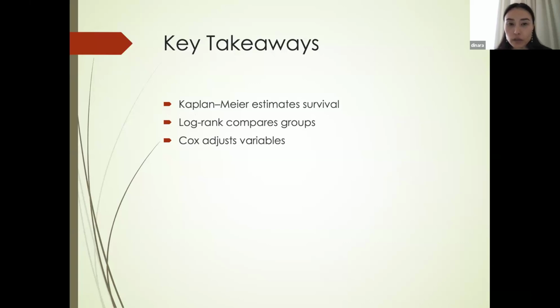It estimates survival. The log-rank test helps to test the hypothesis that there is no significant difference between two groups. And if you need further, deeper analysis, multivariate analysis, or adjustment for different confounding factors, you will need to use Cox regression analysis.